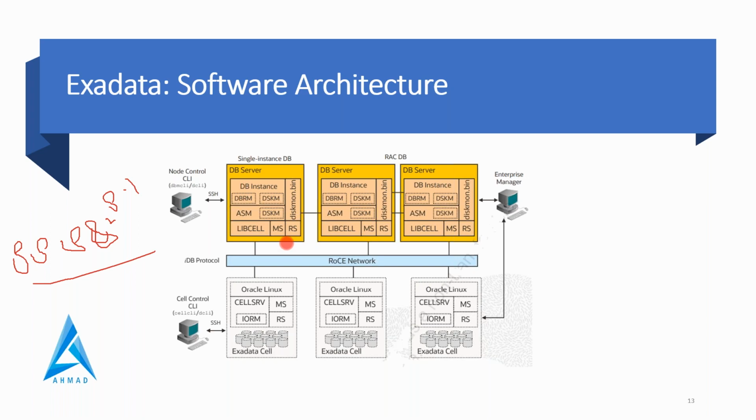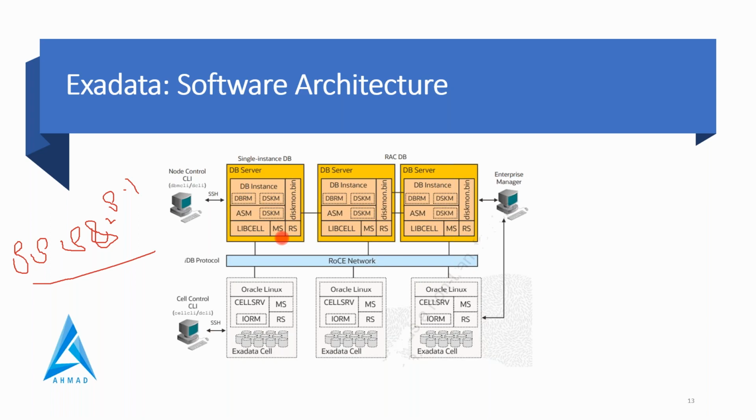And you see MS is there, that is the management server on a database server. It provides a set of management and configuration functions, and it works in cooperation with DBMCLI, a command line interface.